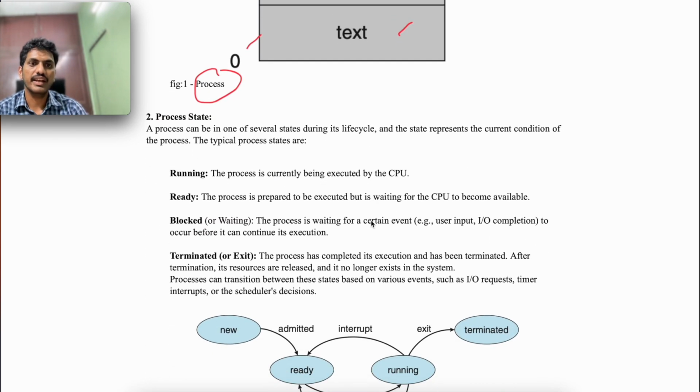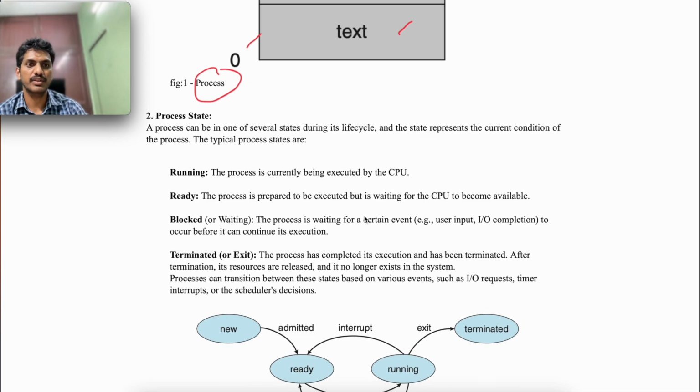Next one, very important. This is a very important question that you need to remember. What is this question? Process state diagram.